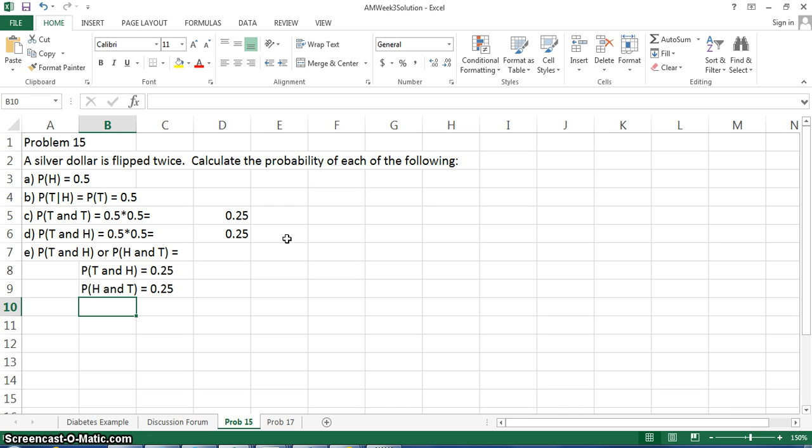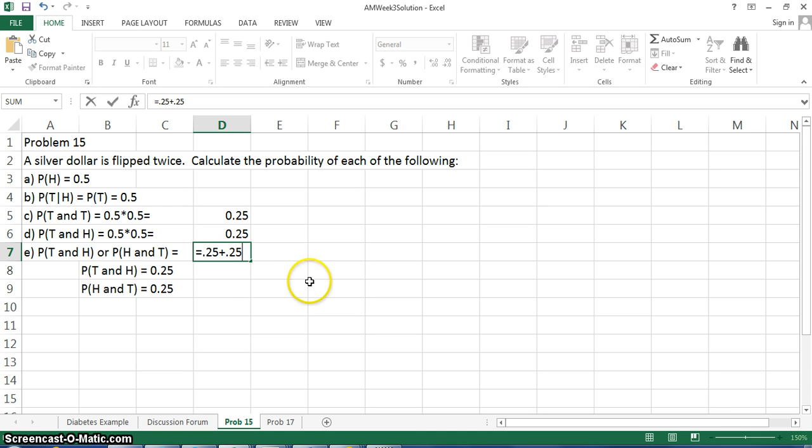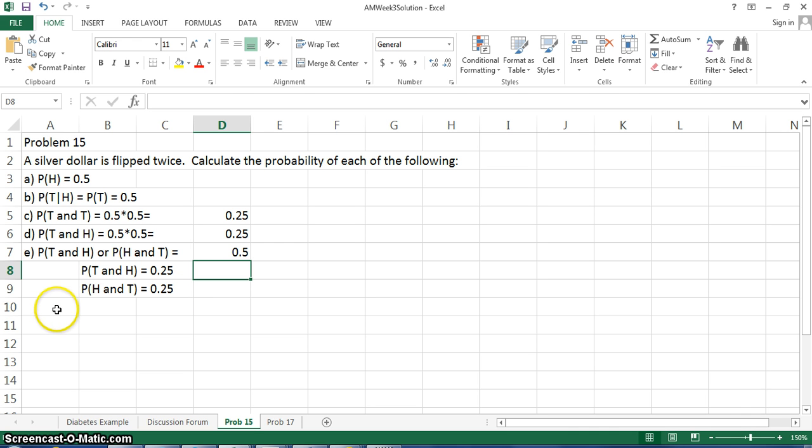Now we know by inspection that these two events cannot happen together. We are either going to get a tail on the first or a head on the first. So we can simply use the addition rule to calculate the probability that one or the other of these two events occur. And that would be 50%.